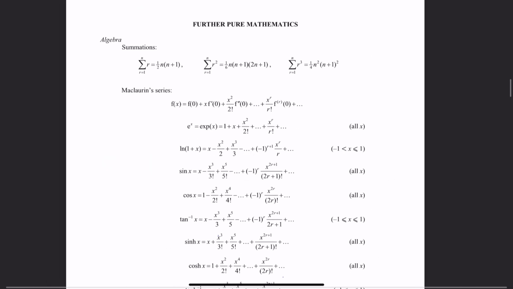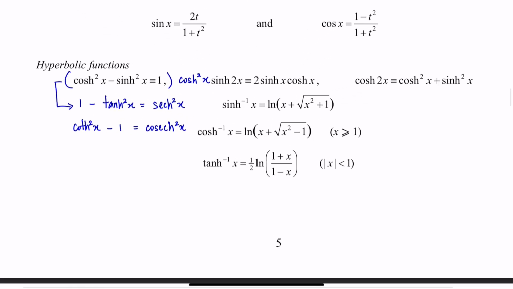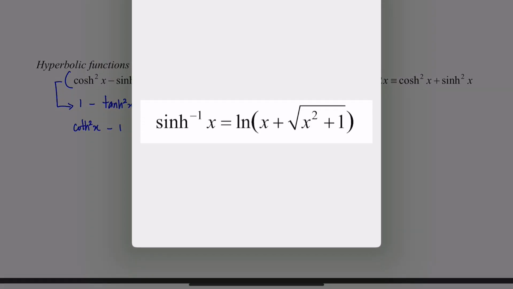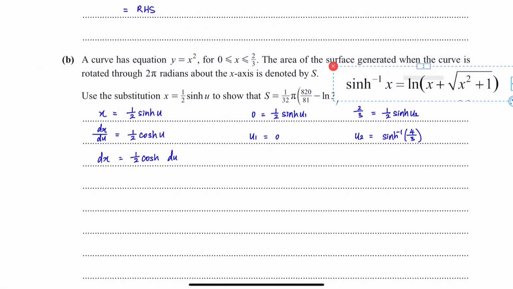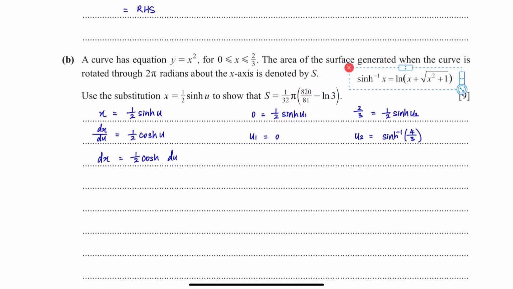And from this, we can find the value of inverse sine. So u2 is ln of (4/3 plus the square root of (4/3 squared plus 1)), and u2 would be ln 3.